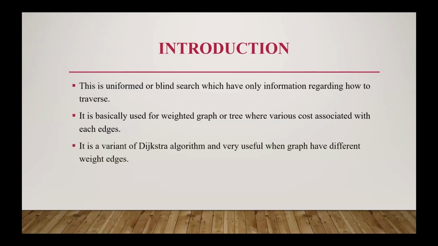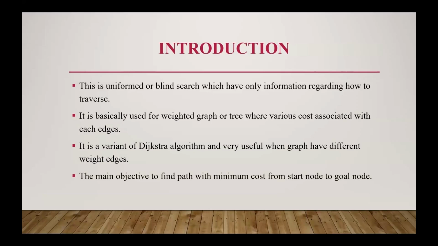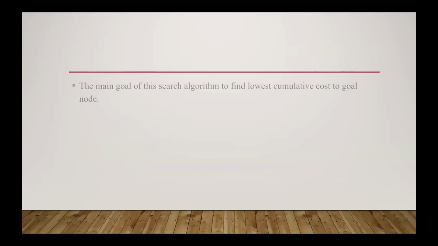It can be treated as a variant of Dijkstra's algorithm used in graph theory, and it is very useful when the graph has edges of different weights. The main objective of this searching algorithm is to find the minimum cost from the start node to the goal node.